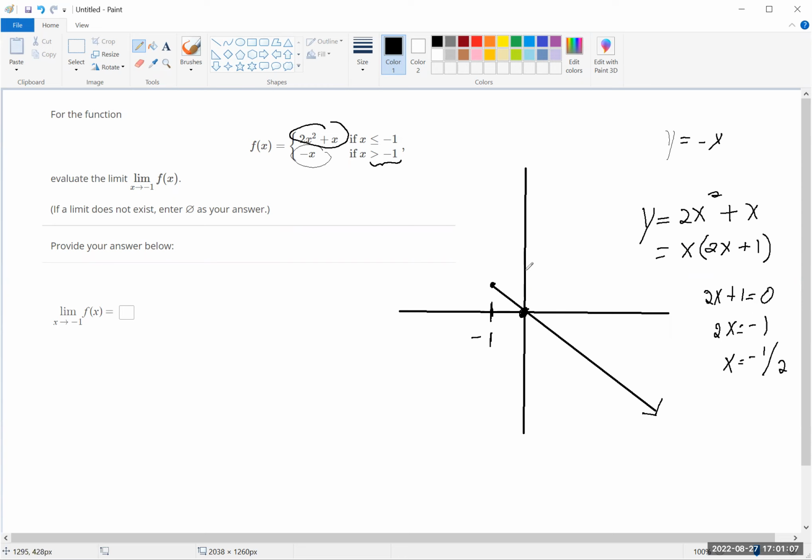I don't know how helpful that is going to be to us. I want to get a sense of what this curve was going to look like, and I thought that would be somewhat helpful for us.